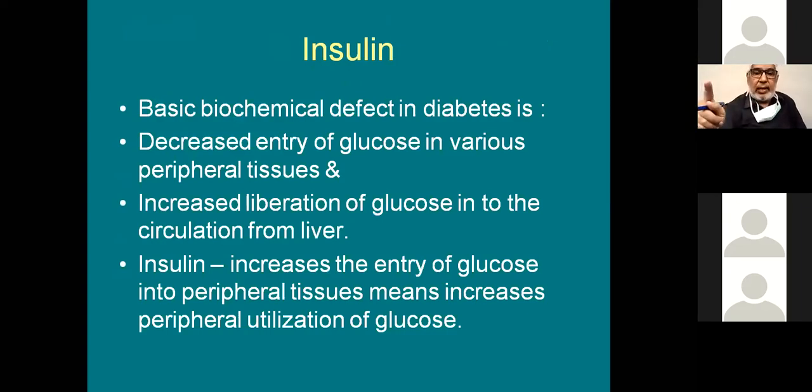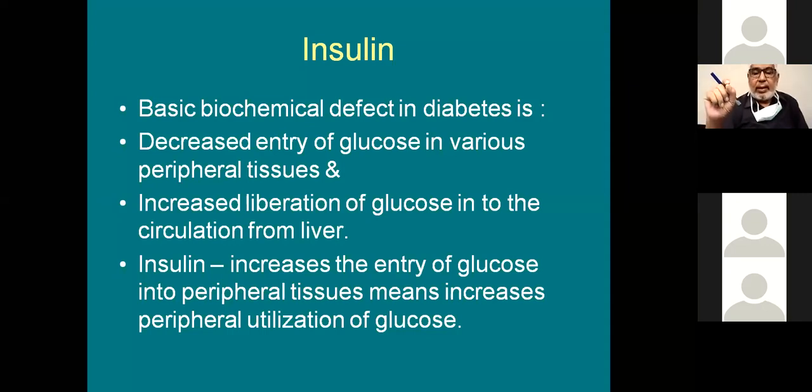Basic biochemical defect in diabetes is decreased entry of glucose in various peripheral tissues. Entry of glucose की various peripheral tissues में नहीं होती है, and increased liberation of glucose into the circulation from liver. So insulin क्या करती है?